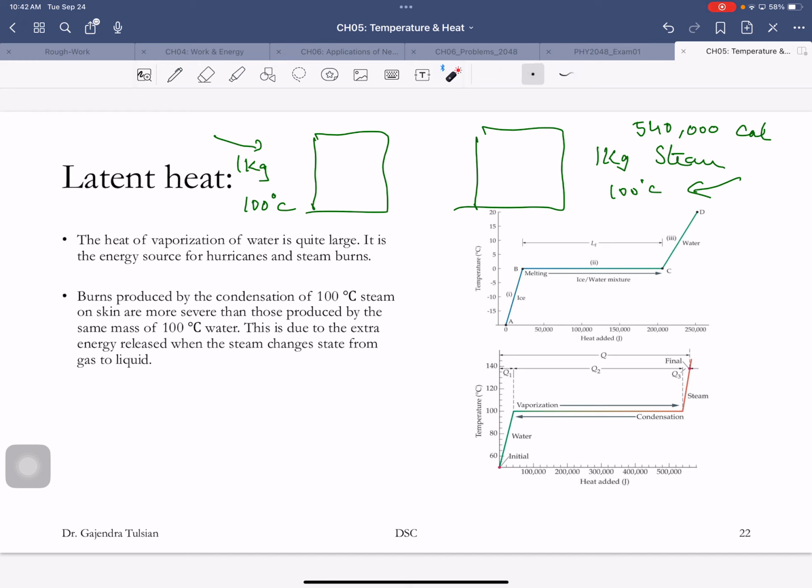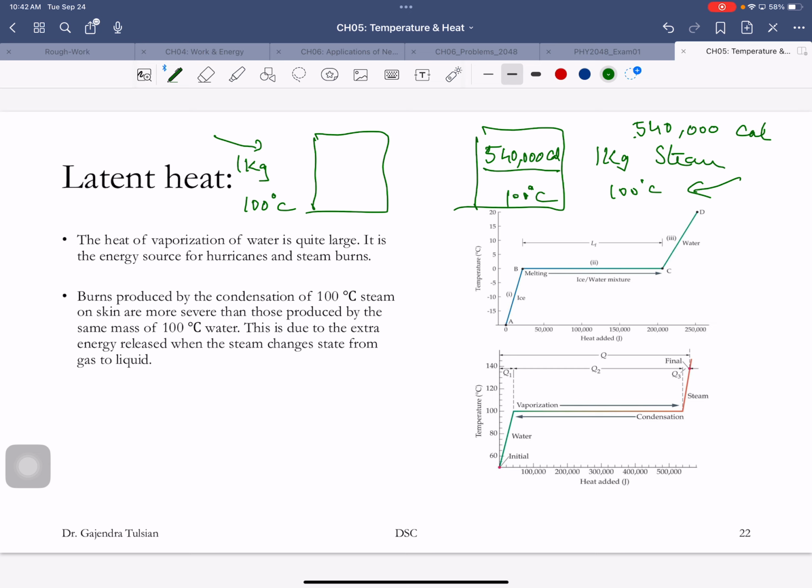What will happen is when you get this steam, when it condenses to water, it deposits this many calories of heat to your body, and then it's still 100 degree water. It has that much extra heat. Okay, so people in the healthcare industry probably know steam burns are bad. They have that extra energy. Okay?